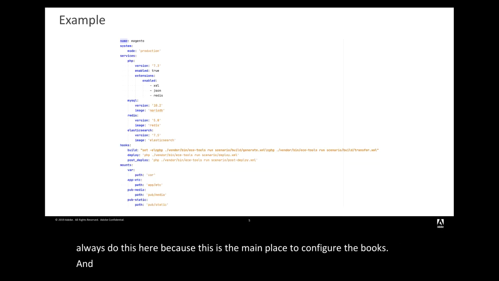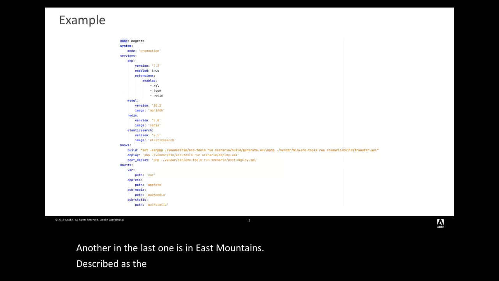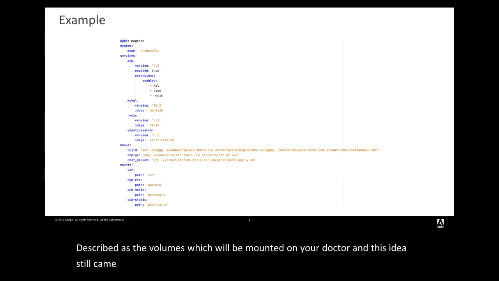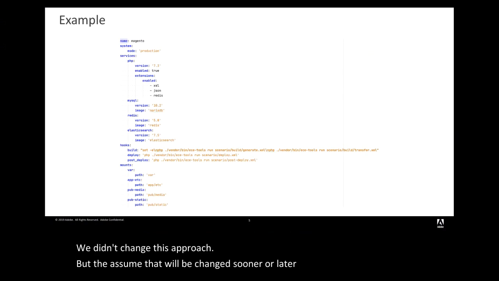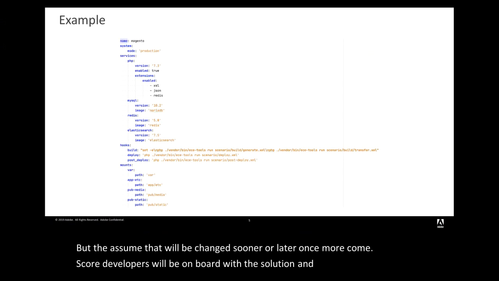And the last one, I think, is mounts. The mounts describe the volumes which will be mounted on your Docker. This idea still came from Magento Cloud, where you always have a redundant file system and you have 4 mounted directories. We didn't change this approach, but we assume that it will be changed sooner or later, once more core developers are on board with the solution and they have slightly different demands.